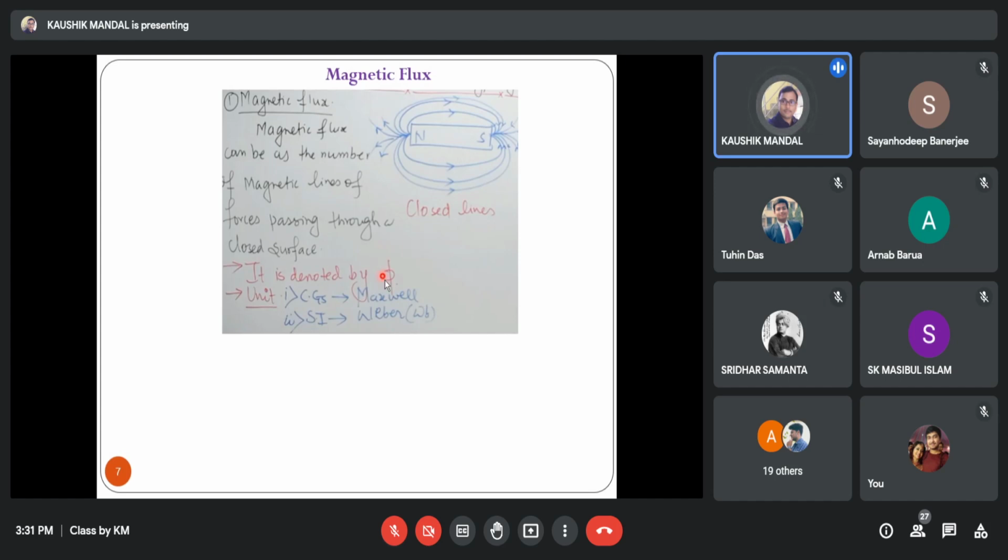It is generally denoted by phi. The CGS unit of magnetic flux is Maxwell, and the SI unit of magnetic flux is Weber. So magnetic flux means basically the number of magnetic lines of force passing through a closed surface.